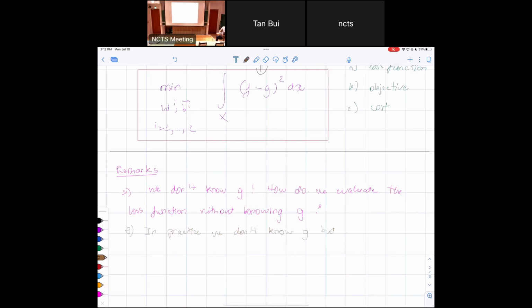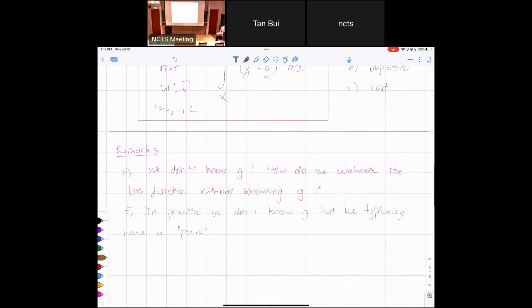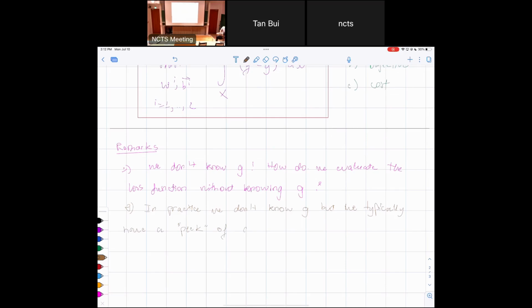but we typically have a peek of G through its values at endpoints.